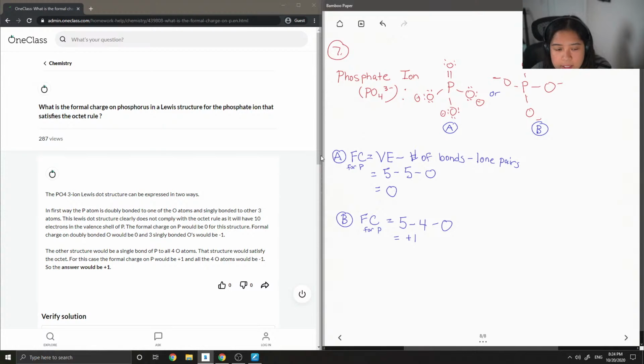So the question is asking, what is the formal charge on phosphorus in a Lewis structure for the phosphate ion that satisfies the octet rule? If you look at both A and B, B is the one that satisfies the octet rule. So that just shows that it has the 8 electrons in its shell.